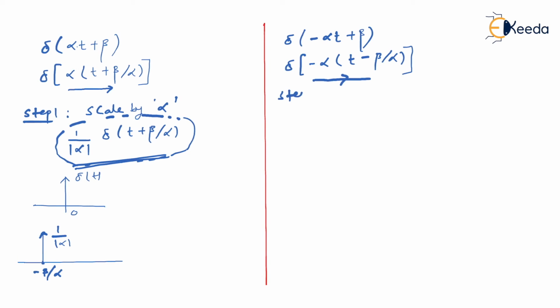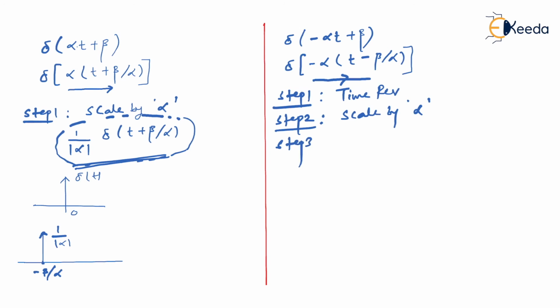In step number 1, we do time reversal. In step 2, we scale by alpha. And step 3, we delay by beta by alpha. This is how we do it with normal signals, right?